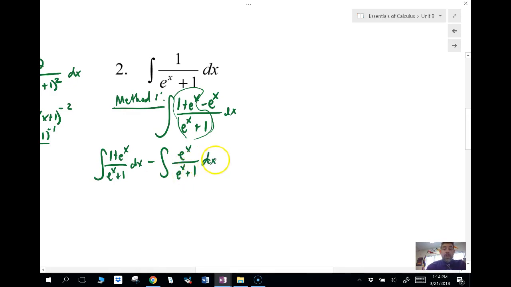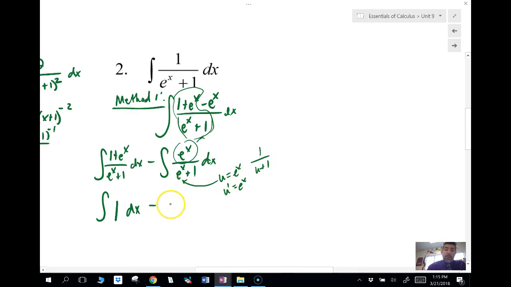So this is just going to be the integral of 1 dx minus, now in this case, what I could do is say u is e to the x right here, and then u prime is e to the x, so that makes this a hook. So I really got something like 1 over u plus 1, which I can integrate. That's going to be a natural log.